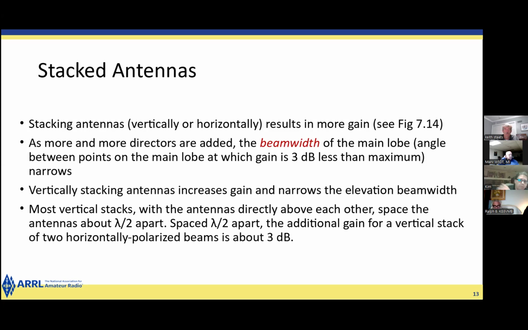With a vertical stack, with the antennas directly above each other, you space the antennas about a half wavelength apart. When you do that, the additional gain for a vertical stack of two horizontally polarized beams is about 3 dB.